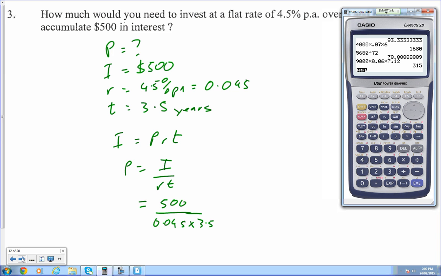So I'll grab our calculator. So 500 divided by, bracket, 0.045 times 3.5, close my bracket. So how much do I need to invest?